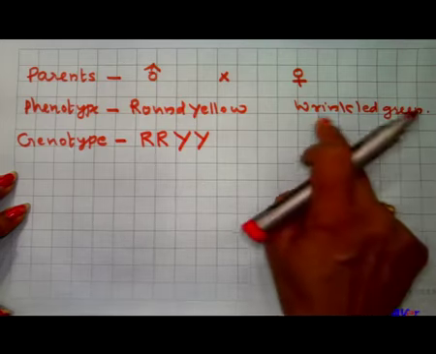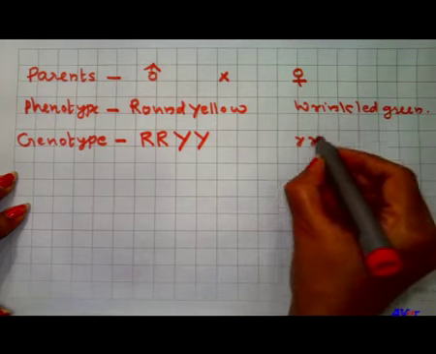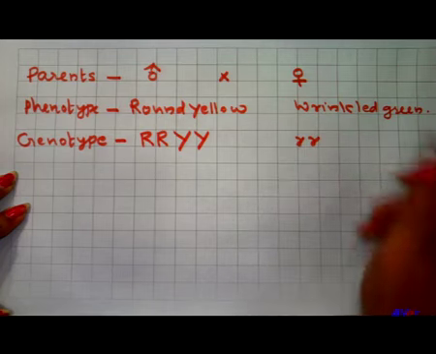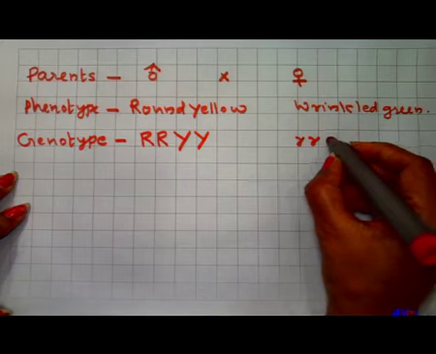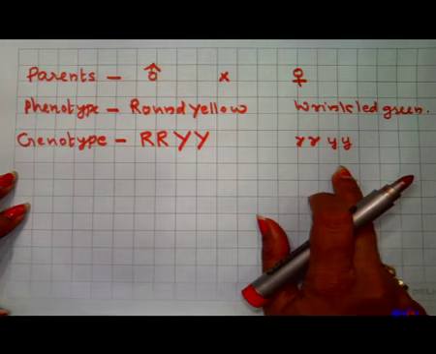Wrinkled, since it is a recessive character, we will represent by small r, small r. Green is also a recessive character, so we will use the letter small y here.